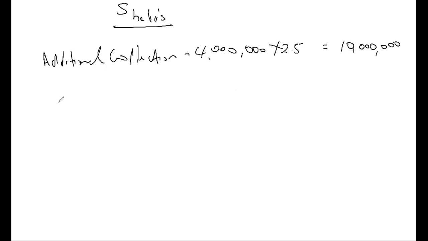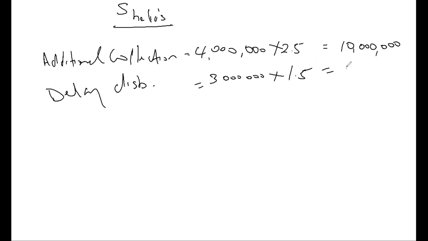Yeah. Right. Okay, and so the delay in disbursement would free up another 3 million multiplied by 1.5, right? 0.5. Yeah, and that would free up 4.5 million.